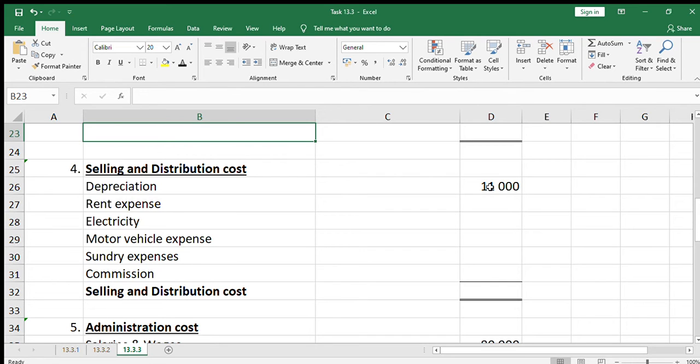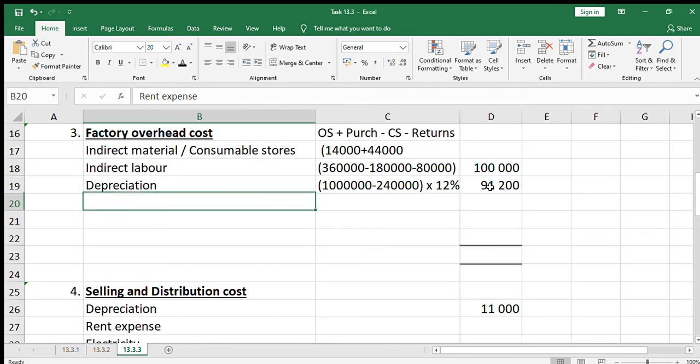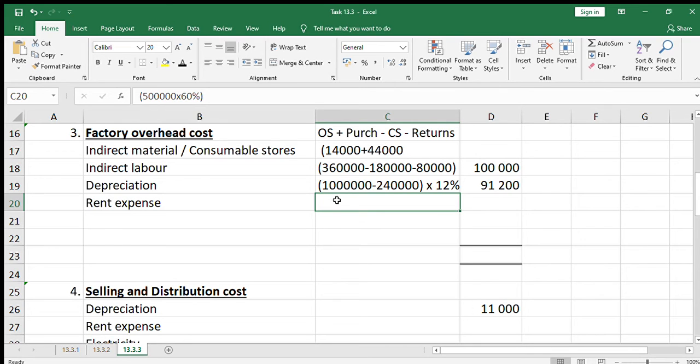Okay, look at number 9. Rent amounting to 500,000 was paid during the year. The factory uses 60% of the floor space, while the office uses 15% and the sales department the rest. So this rent we need to allocate it. Okay, so we have rent expense. The amount is 500,000, but the factory uses 60%.